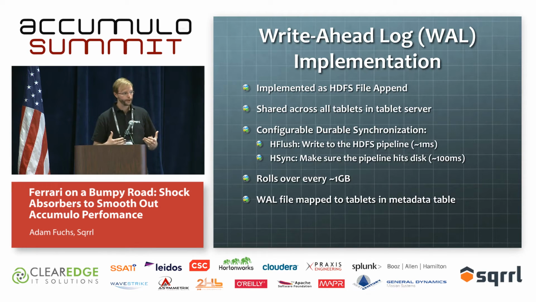What we have to do around that is we have to keep track of which tablets are actually referencing which write-ahead logs. So there's metadata there. That metadata gets stored in the metadata table. So if you have maybe 1,000 different tablets, all for the same table, they'll have metadata writes that go to a smaller number of tablets, and we'll look at the effect of that as well.